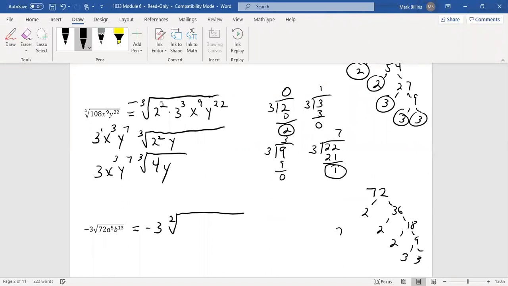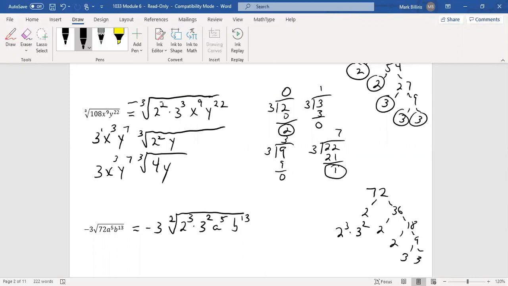So 72 is 2 to the third times 3 squared. I still have my a to the 5th and b to the 13th.